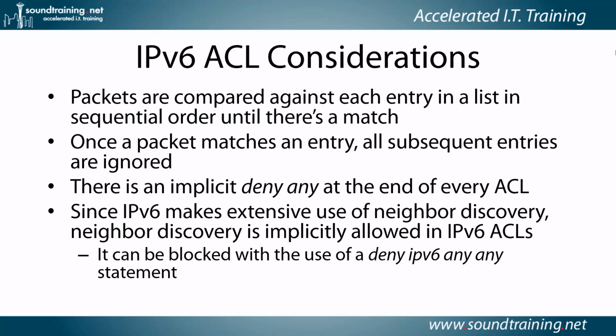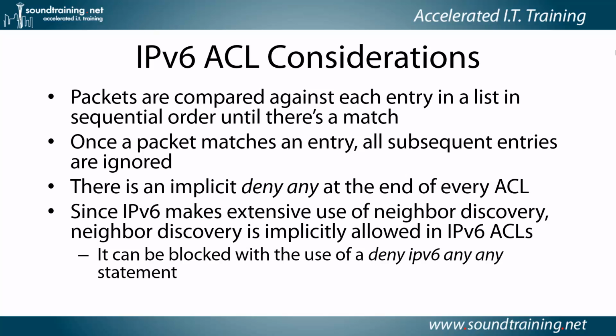Some considerations in working with IPv6 ACLs. Just like IPv4, packets are compared against each entry in a list in sequential order until there's a match. Once a packet matches an entry, all subsequent entries are ignored. There is an implicit deny any at the end of every ACL, so anything that's not explicitly permitted is implicitly denied. And since IPv6 makes extensive use of neighbor discovery, there is an exception to the deny any rule, and that is neighbor discovery is implicitly allowed in IPv6 ACLs.